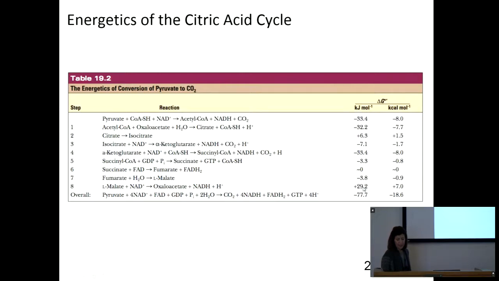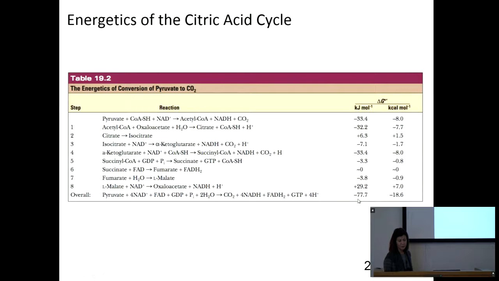Now, this last step, you can see is very highly endergonic. It requires energy, but it's going to move forward because the next step is highly exergonic when you go back up to number 1. So it's just like water rushing.